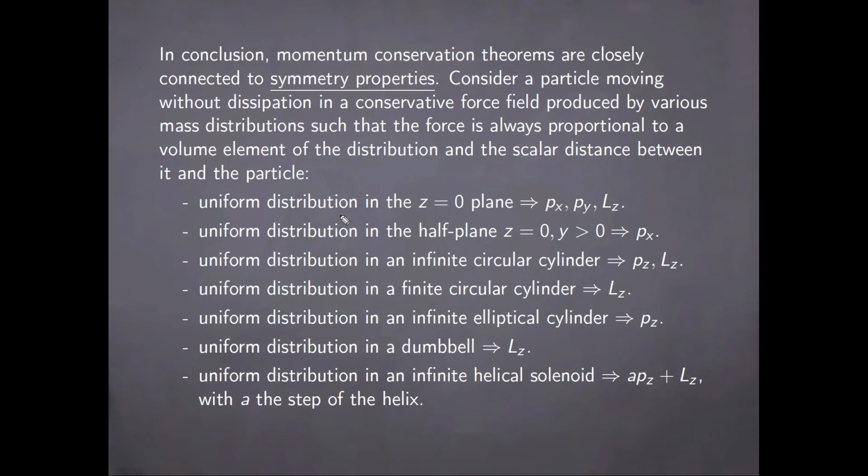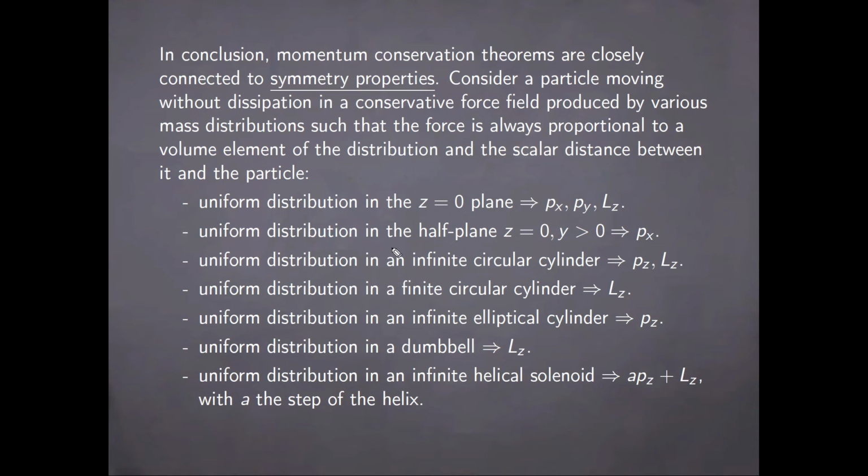Then in the case of a distribution that is uniform in the z equals 0 plane, the conserved quantities are the ones listed here. So we can move in the x or y direction, or we can rotate around the z-axis and preserve symmetry, but we cannot move in the z direction or rotate about the x and y directions without breaking symmetry.